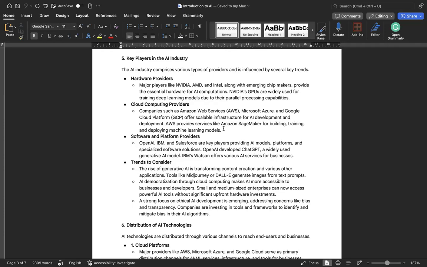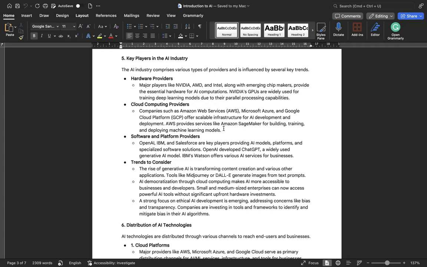And for the trends to consider, the rise of generative artificial intelligence is transforming content creation and various other applications as well. Tools like Midjourney or DALL-E generate images from text prompts.